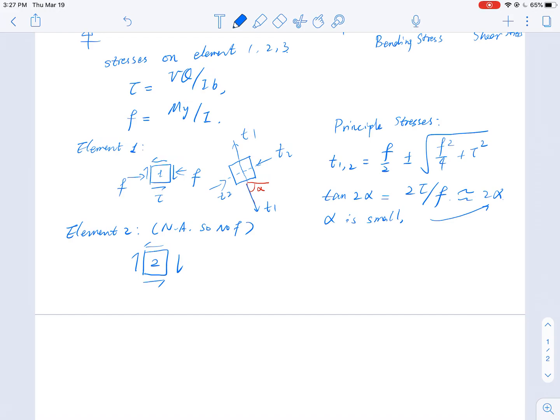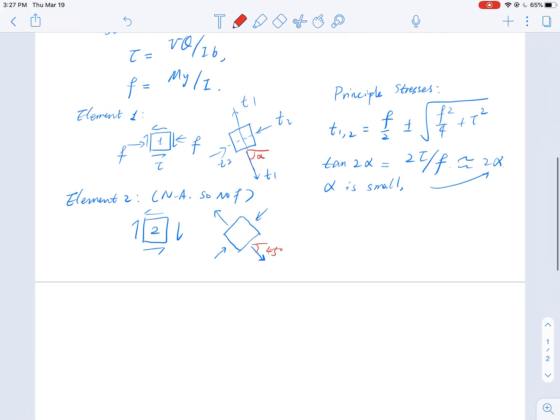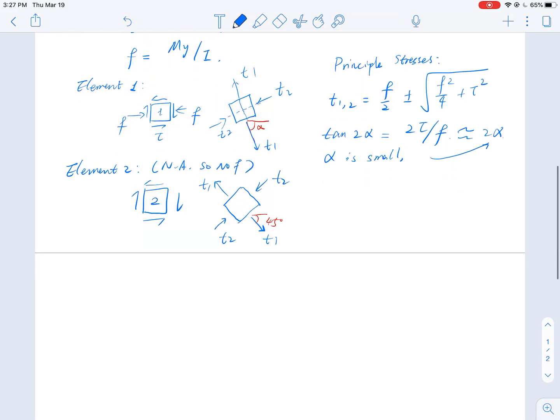And for those of you who are familiar with mechanics of materials, we talked about this. For a pure shear stress state, the principal stress has a direction of 45 degrees, like so. Okay, and this is sigma 2, compression, sigma 1 tension.